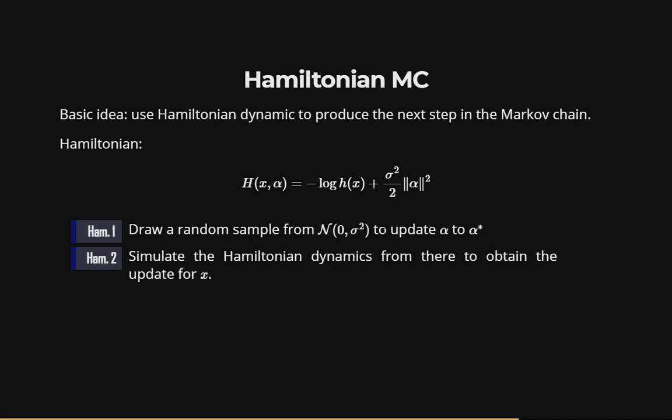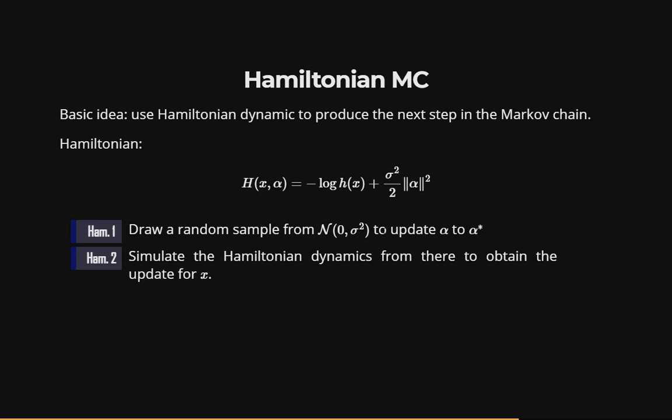We simulate the Hamiltonian dynamics from there to obtain the update for x and obviously also for alpha. So we have x alpha. We go to x alpha star with a random draw from the normal distribution, and then we simulate the Hamiltonian dynamics.